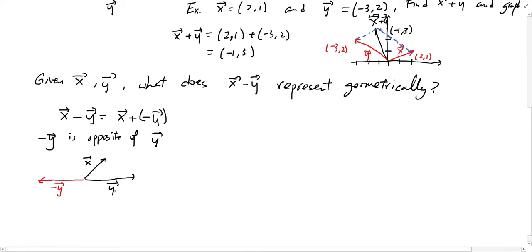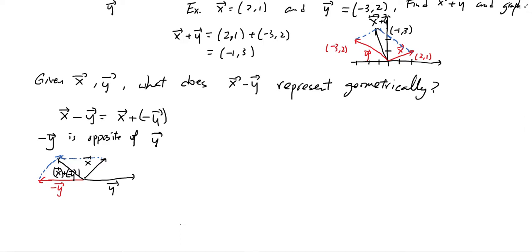And we'll talk about how to define length in a little bit. Then I can add these two vectors together, and the way to do that would be to form a parallelogram. And then here, this vector becomes x plus negative y. All right.